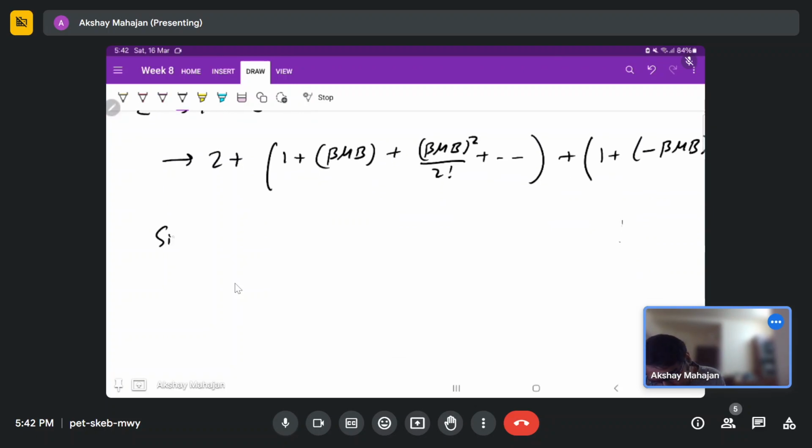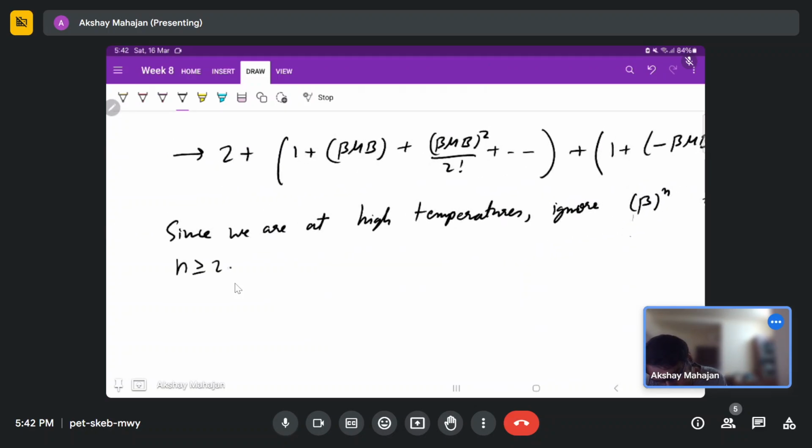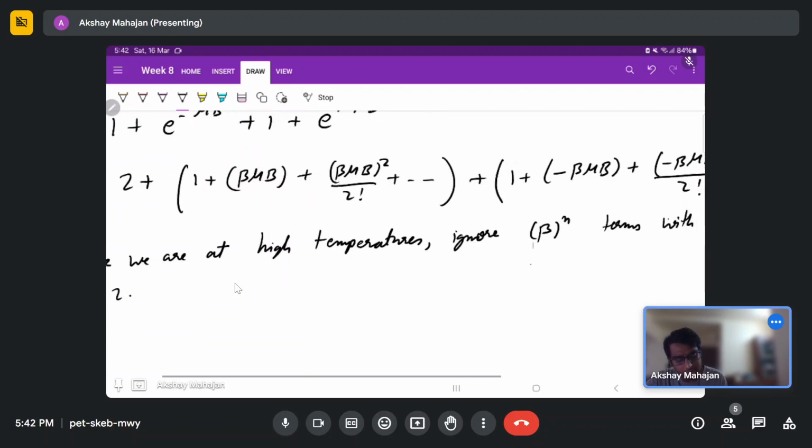Since we are at high temperatures, we ignore beta to the power n terms with n greater than or equal to 2. For n greater than or equal to 2, we will ignore those terms.